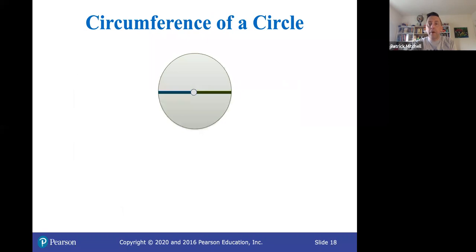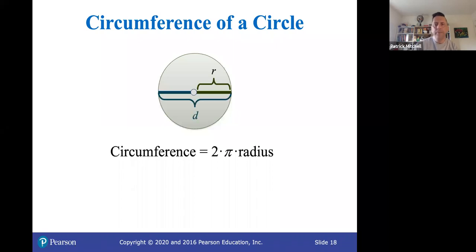First of all, remember that radius means halfway across the circle from the center to the outside of the circle. Diameter means the distance all the way across the circle. So if you're working with radius, the formula for circumference is 2 times pi times the radius. This is usually just written 2 pi r. We'll talk about pi here in a second.